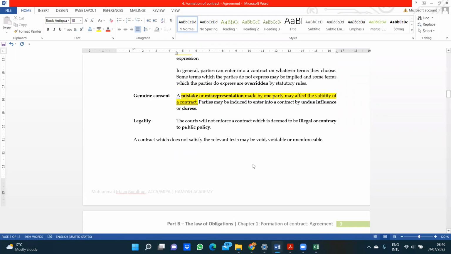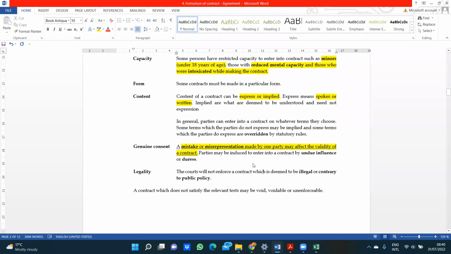Okay, legality. The court will not enforce a contract which is deemed to be illegal or contrary to public policy.